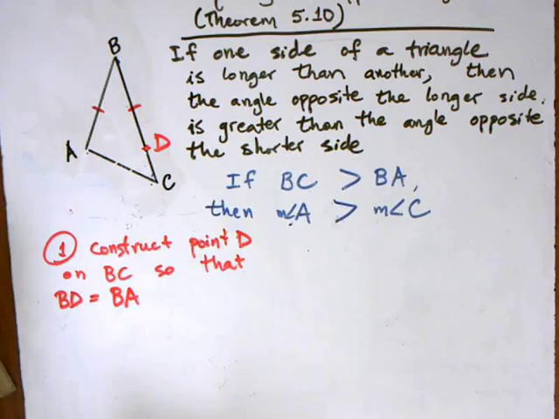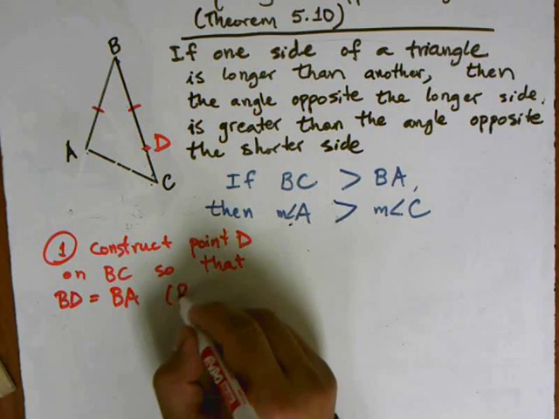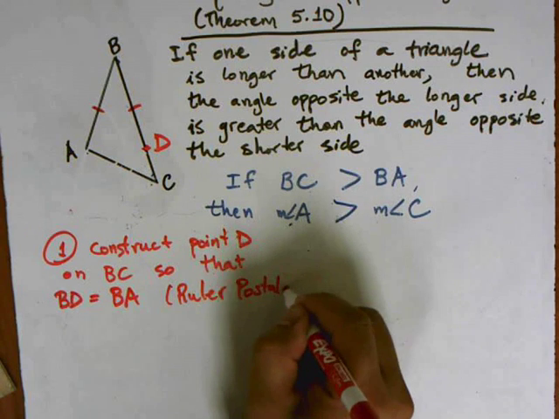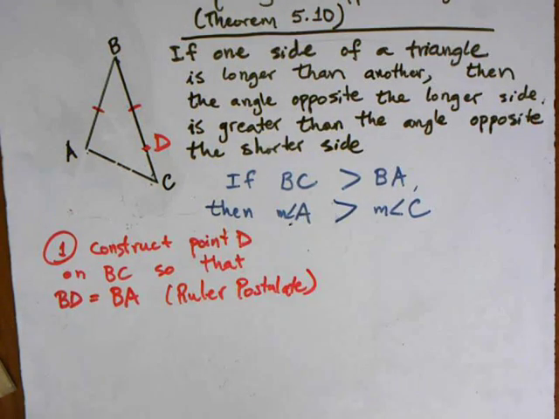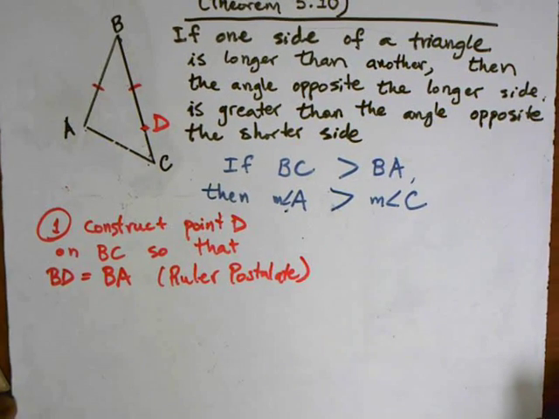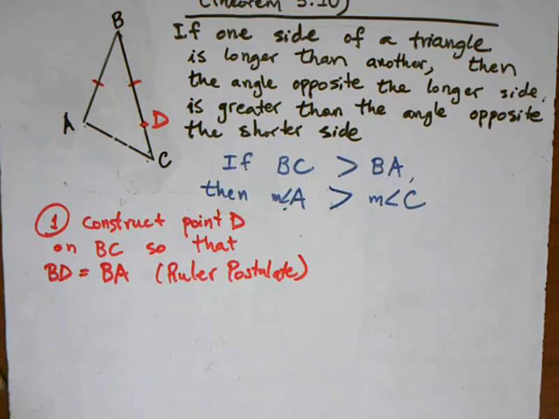So that these two segments here are equal, and I can do this using the Ruler Postulate. If I have an existing segment, I can replicate that length anywhere else that I want. Okay, and this is going to be very helpful to my proof, and you'll see this in just a minute.